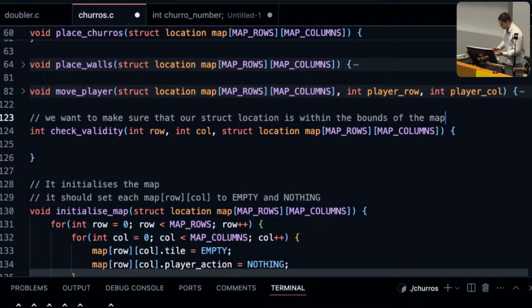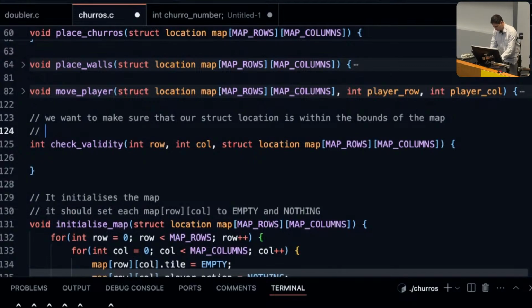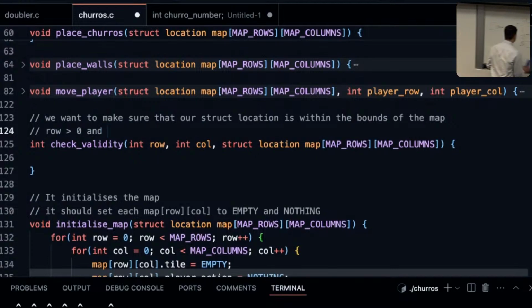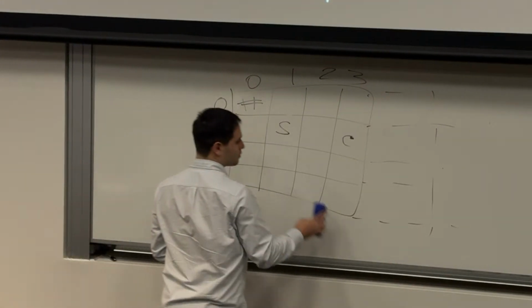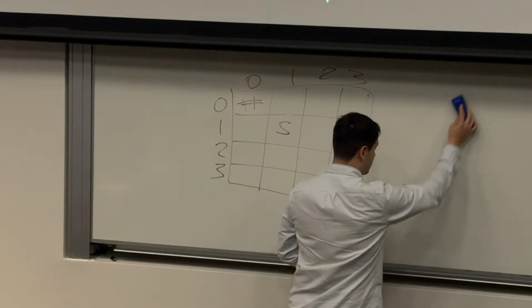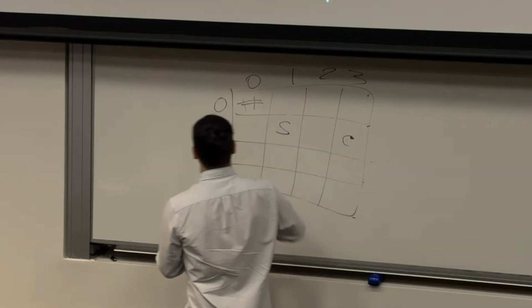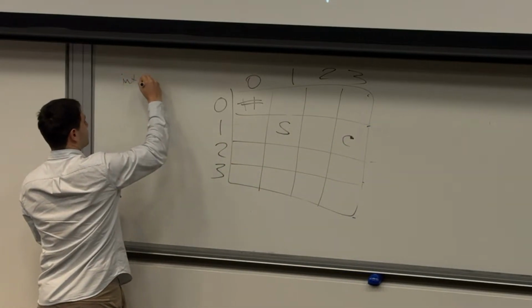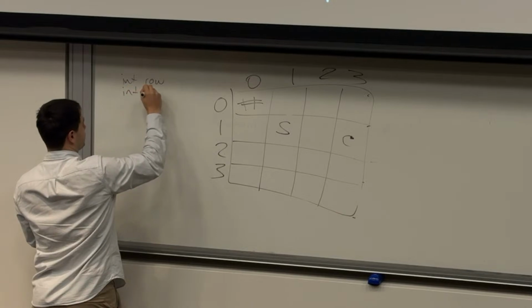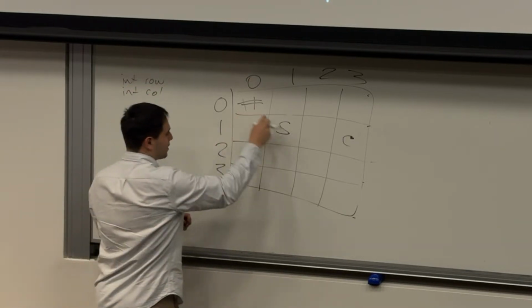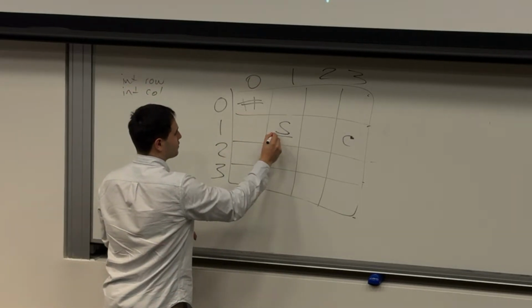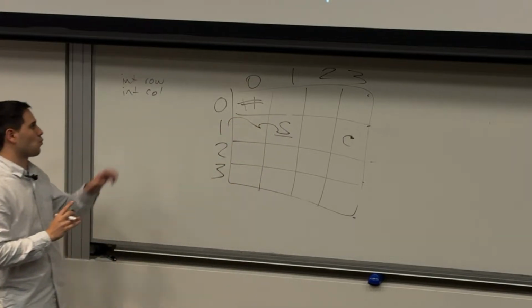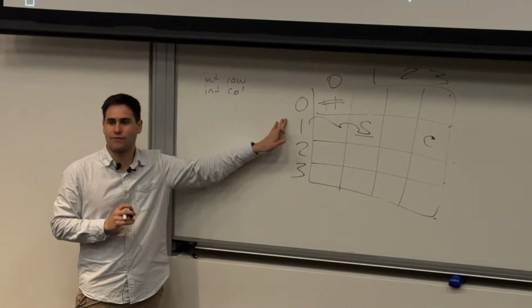What this really means is row should be greater than 0. Let's think about it, right? Where's that marker? The row. If row is an integer, and so is col, and if my player starts here and I move left 2 times, is there anything with the data type integer stopping me from getting off the map?